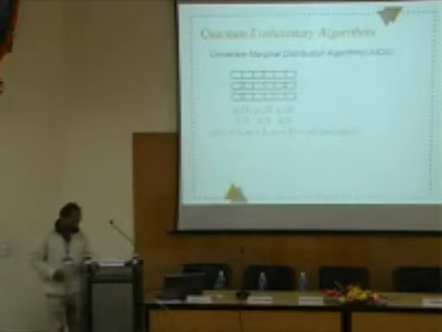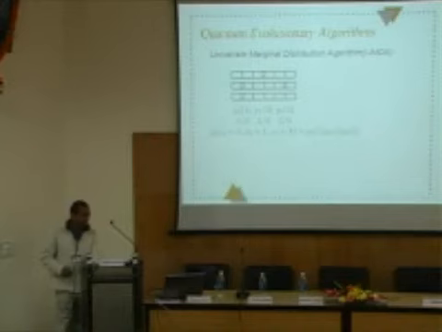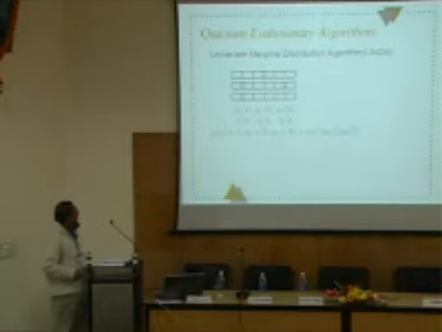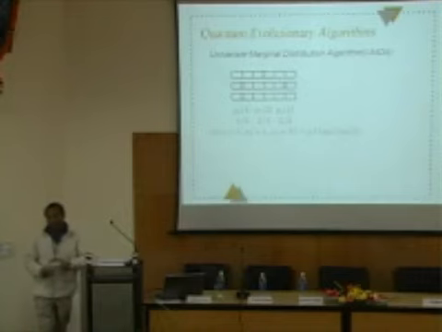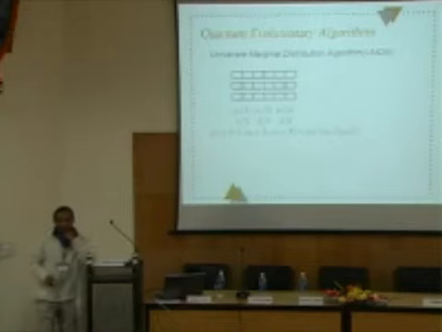This is an idea from one of my PhD students, who is working on quantum evolutionary algorithms. Those who are working on evolutionary algorithms know that the simple genetic algorithm is very popular, but there is another approach which is purely probabilistic.